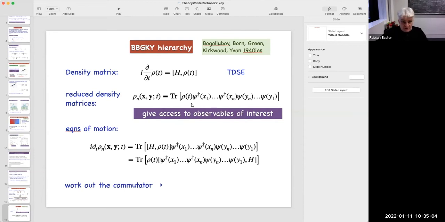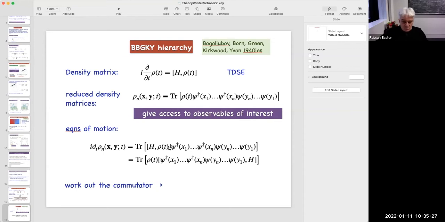Okay, so now the equations of motion for these reduced density matrices simply follow from the equation of motion of this density matrix itself. So if you take the time derivative of the left-hand side here, the only time-dependent part on the right-hand side is the density matrix itself.